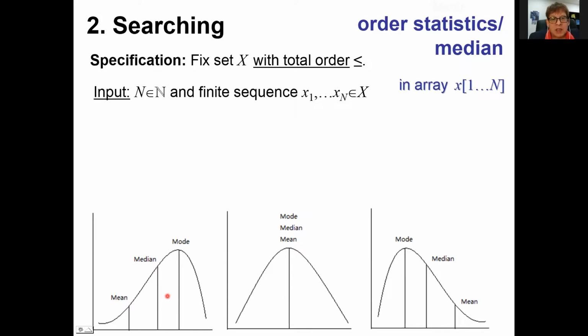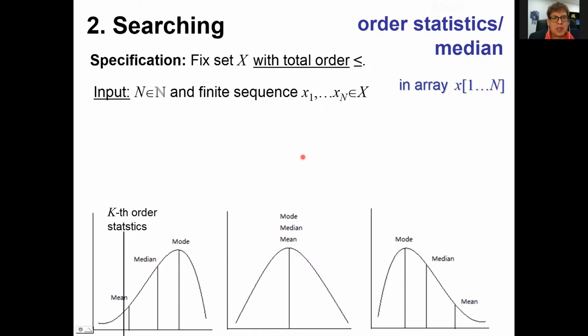And then there's a generalization of the median. That's the order statistics. The median is the n over 2 order statistic. The n over 2 order statistic means that n over 2 elements are smaller and n over 2 elements are larger.